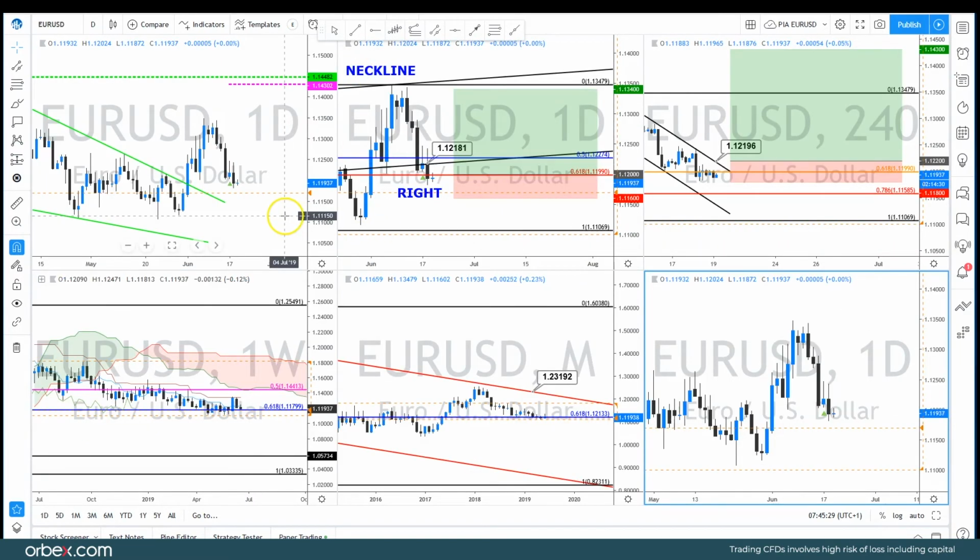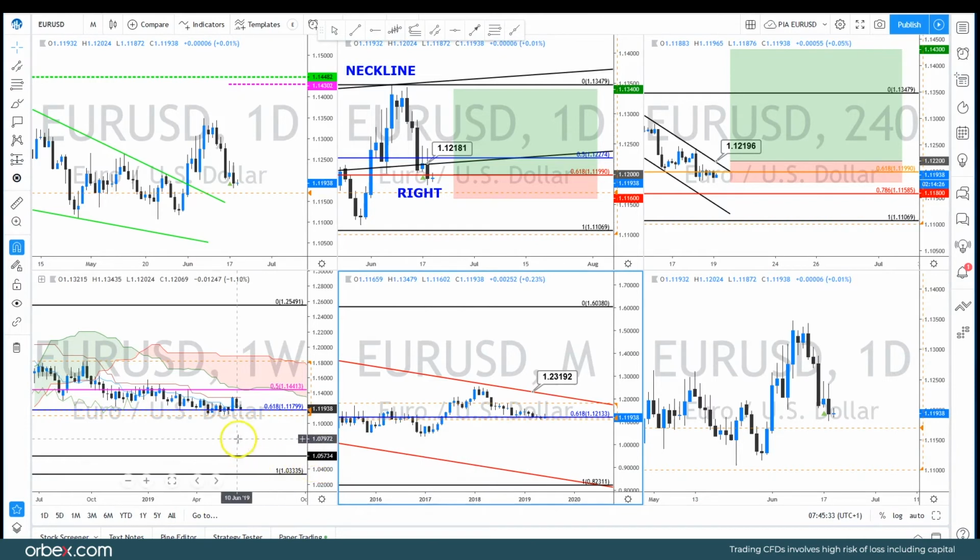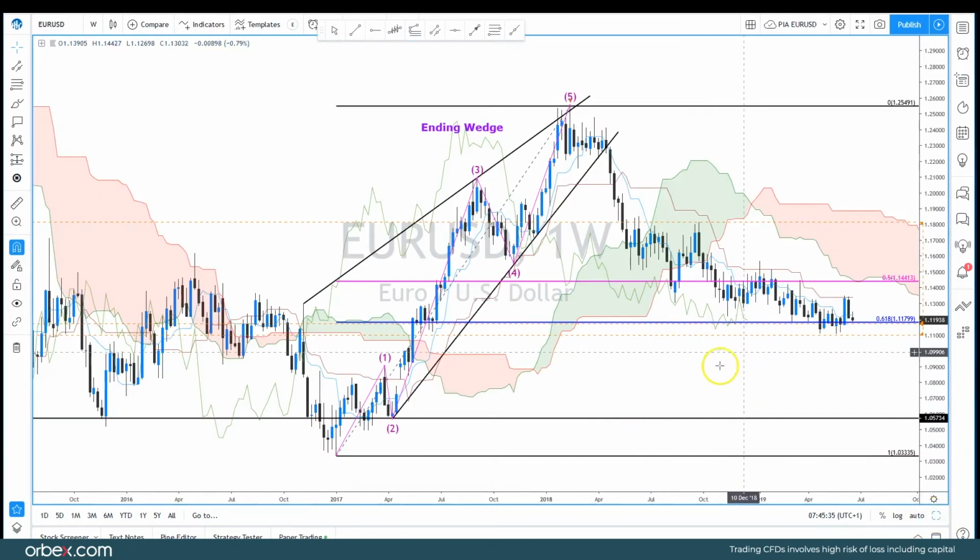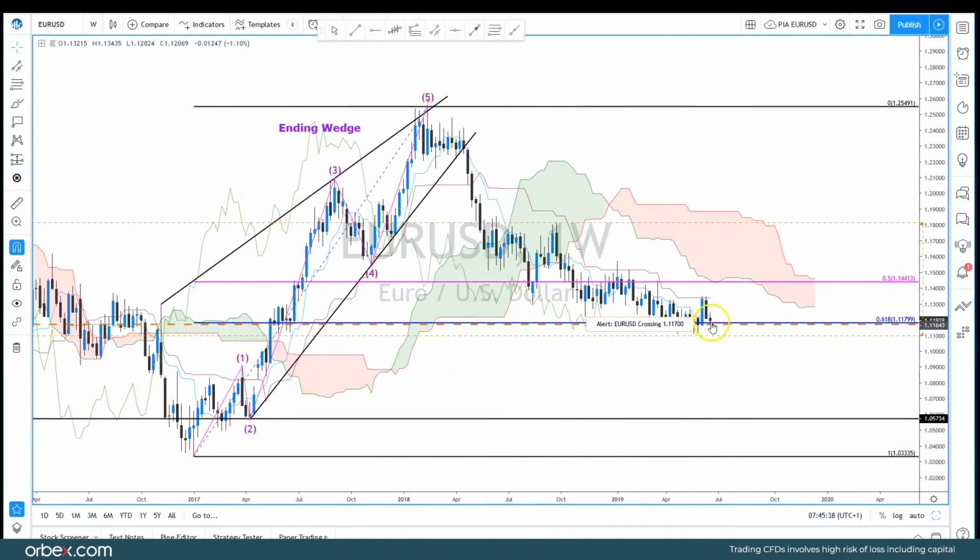So if we reflect that back onto euro dollar, let's just go through some time frames. 61.8% is located at 111.80. You can see that for a prolonged period of time we've been holding around that fib level.